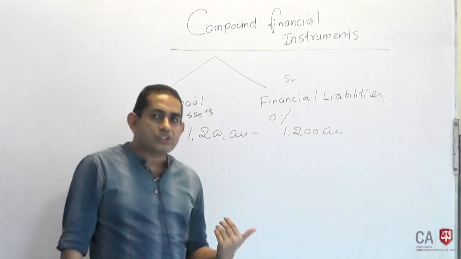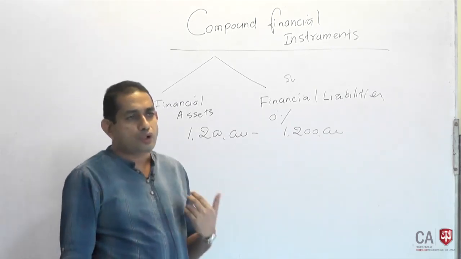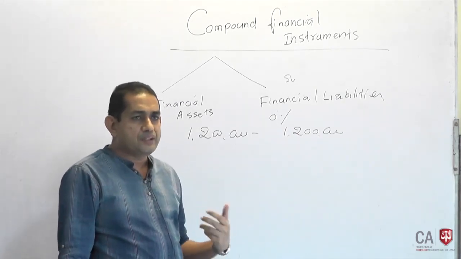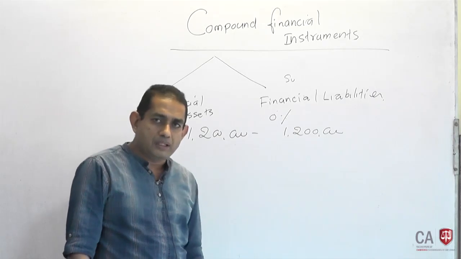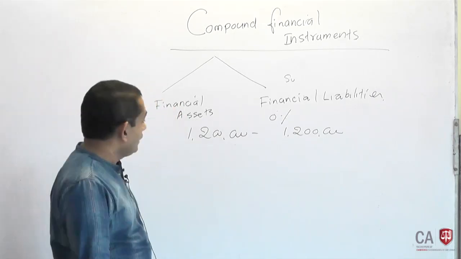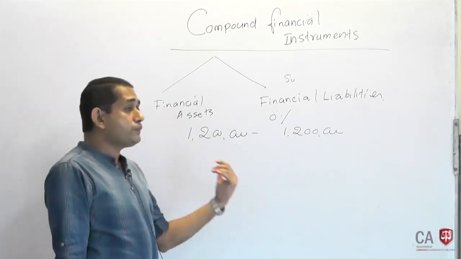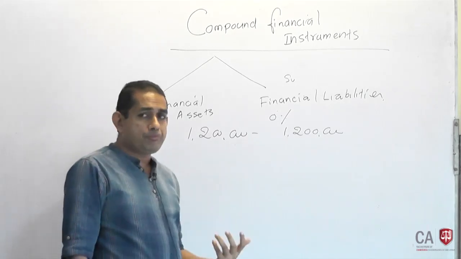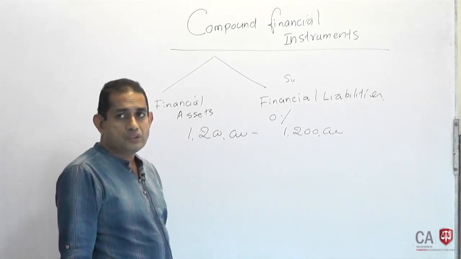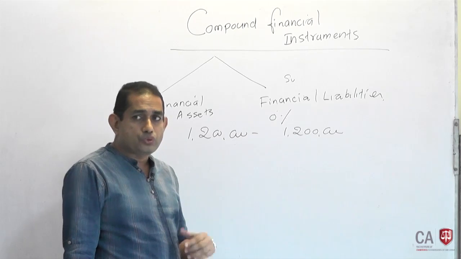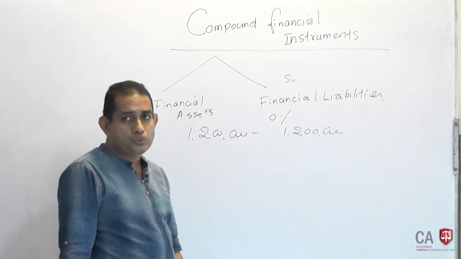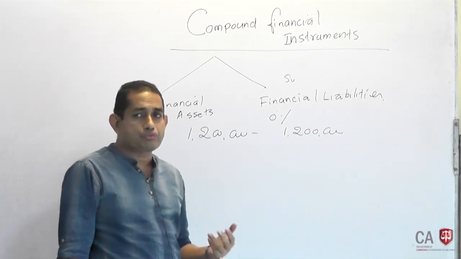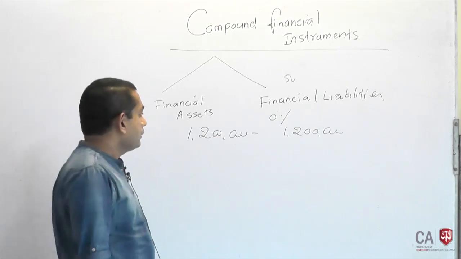Since the rate at which the loan was granted to us is not the market rate any longer, can this transaction be considered to be arm's length? Not at all. In the absence of an arm's length transaction, can there be fair values? Not at all. Then what you must do is convert that into an arm's length transaction to find out the fair value.